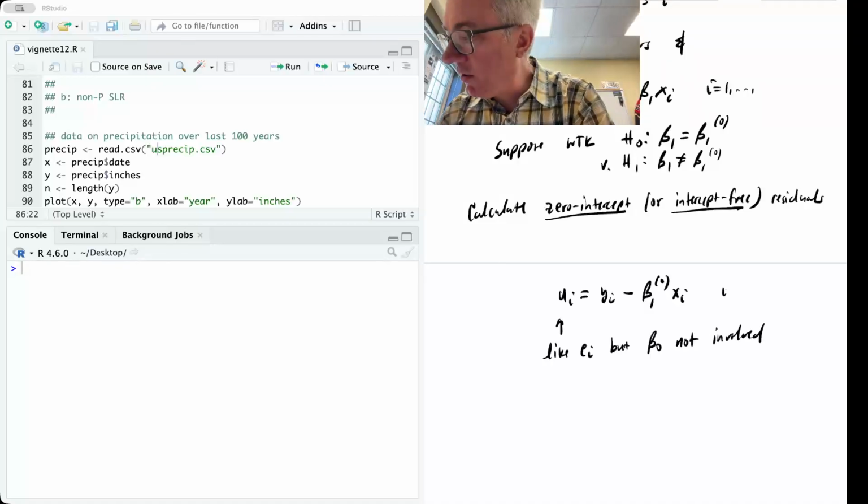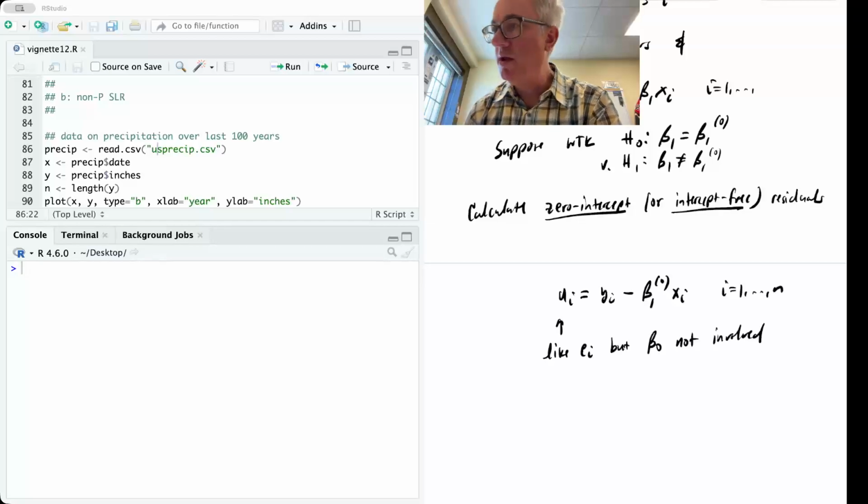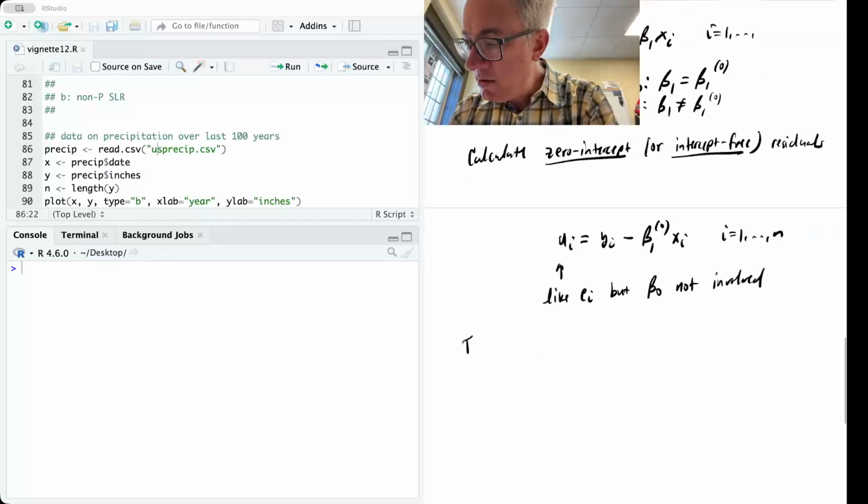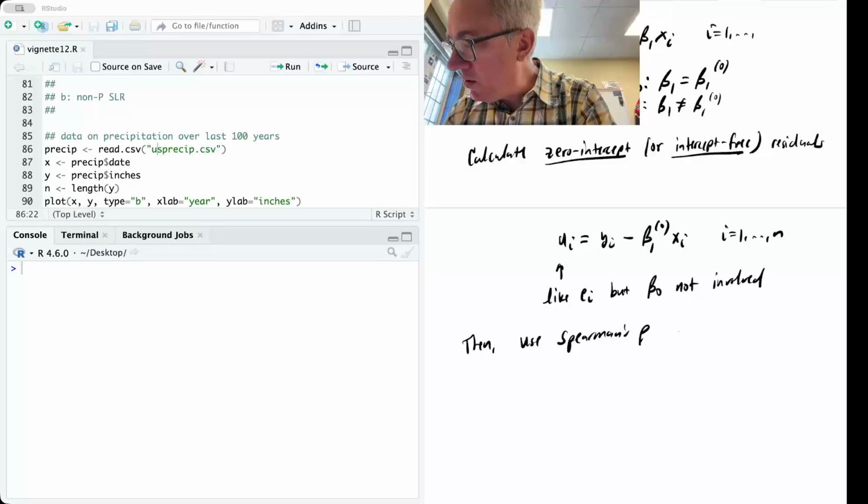Okay, and you do this for all of the data pairs. Then use Spearman's rho on the pairs u_i, y_i.